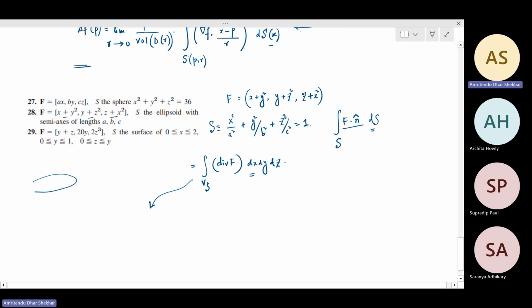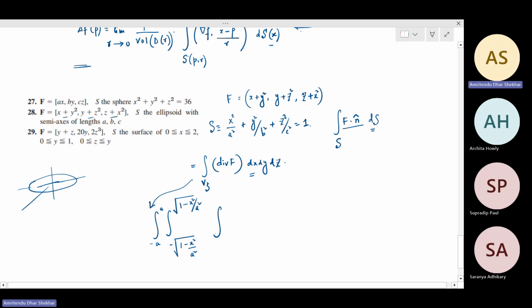you have an ellipsoid like this. So your x would vary from minus a to a, y would vary from minus square root of 1 minus x squared by a squared to square root of 1 minus x squared by a squared.